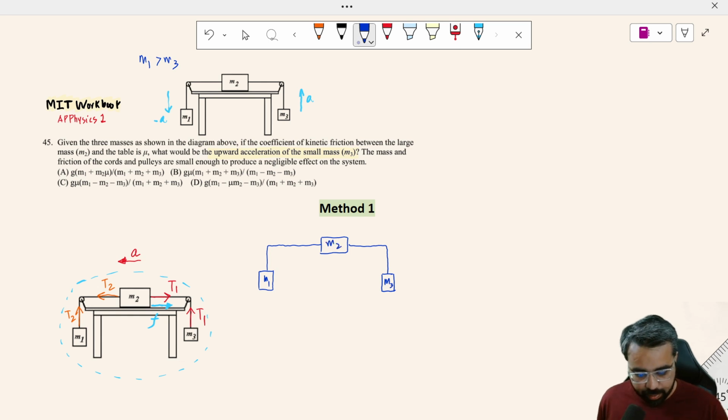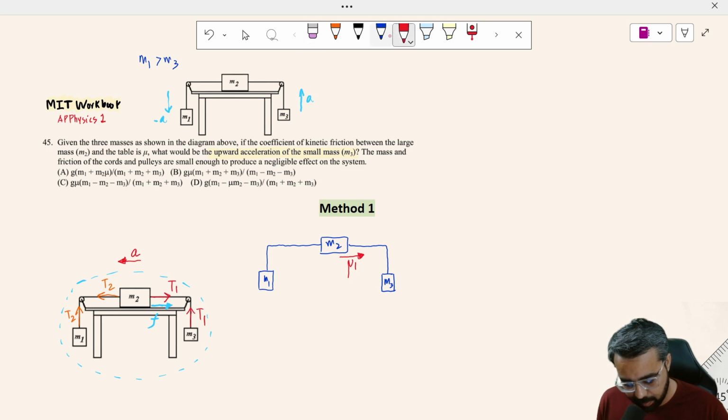Okay, so basically this is our system and you can see this is the direction of the frictional force exerted on it, and that should be mu times the normal force. Okay, and that normal force must be equal to the weight, because you know that the normal force is equal to the weight of this.